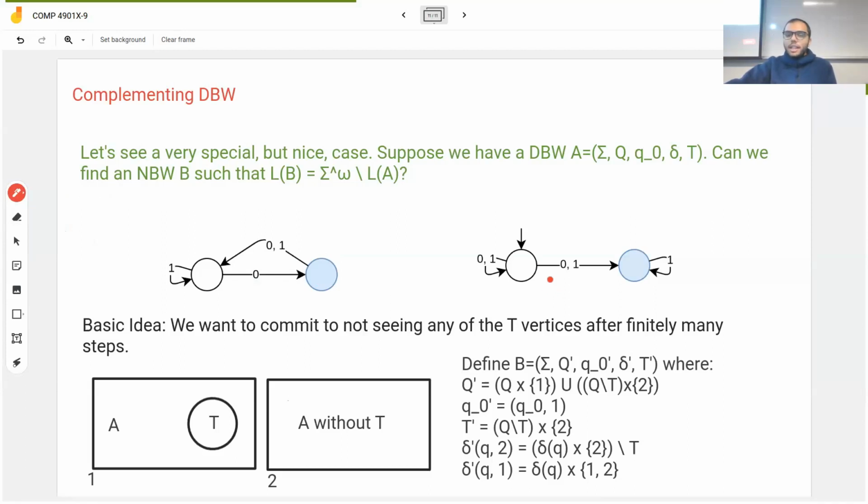Right? And we've already seen that we cannot do this as a DBW, but it's an NBW. So this is my original DBW A, and this is my NBW B. And the language of B is the complement of the language of A. Okay. But how do I actually find B given A?